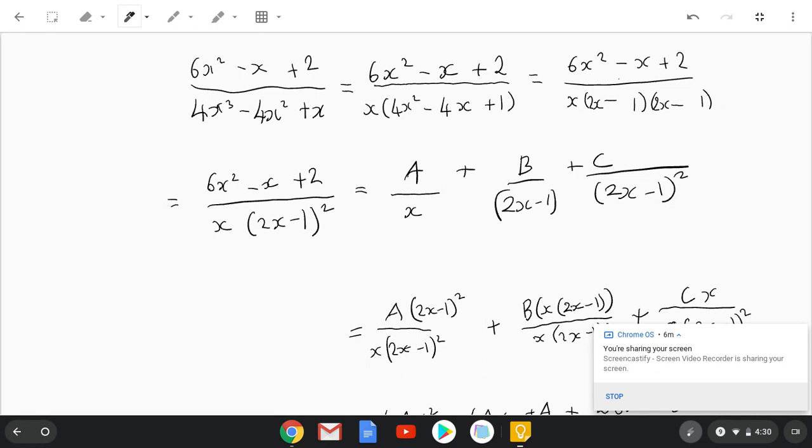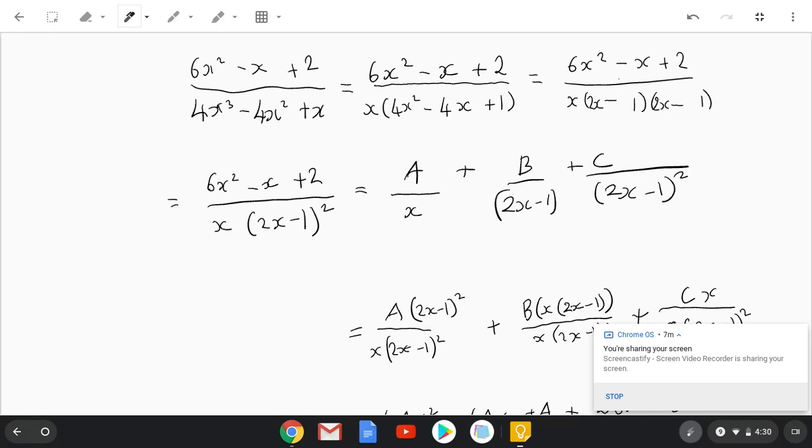So what we've got is repeated factors again. And when we've got repeated factors, we must use a similar technique to what we did before. So we've got a over x as the first factor.